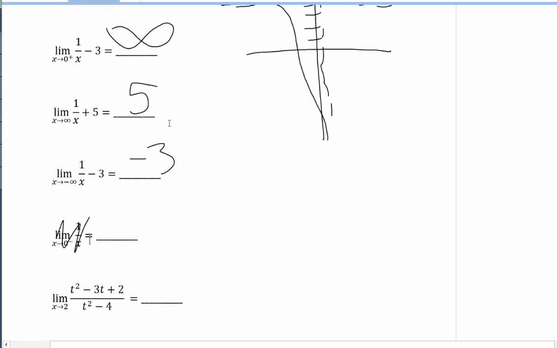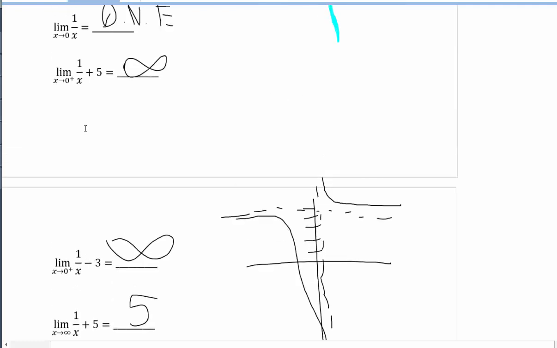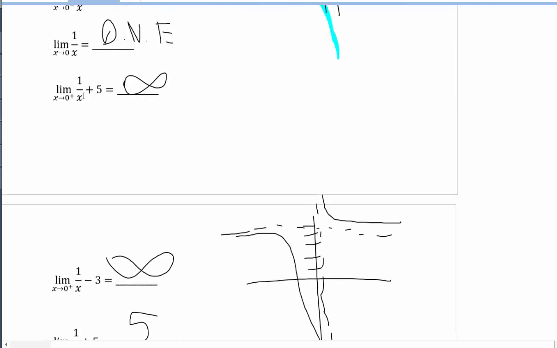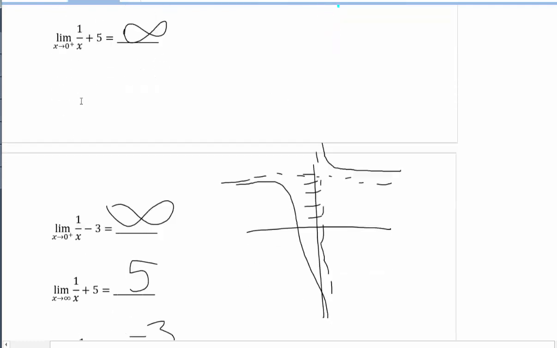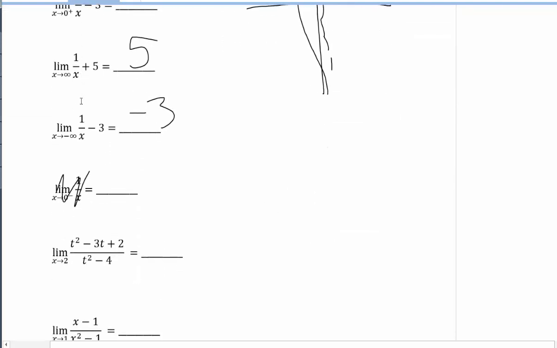So a vertical shift is going to matter as you're approaching infinity, but the vertical shift doesn't matter when you're approaching 0. In the same way, let's say we did a horizontal shift of this one as x approaches 0. Let's just change this to 1 over x plus 4. That's actually a shift to the left.